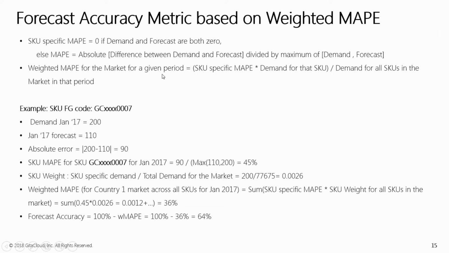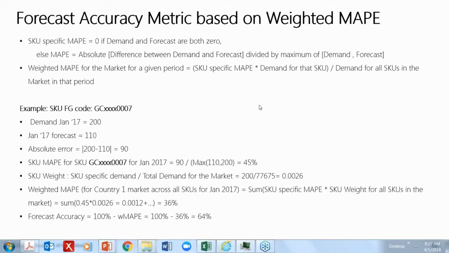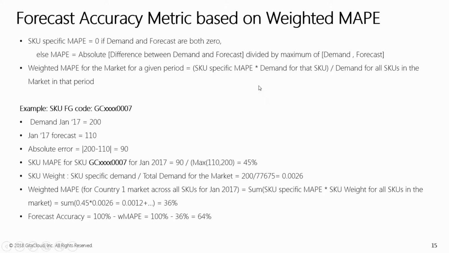And weighted MAP, we went a step further, and we said that the weighted MAP for market is the SKU-specific MAP multiplied by the demand for the SKU divided by the demand for all the SKUs.